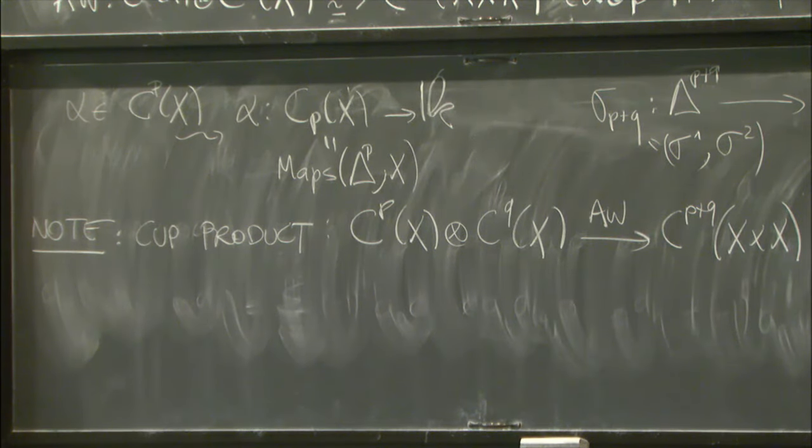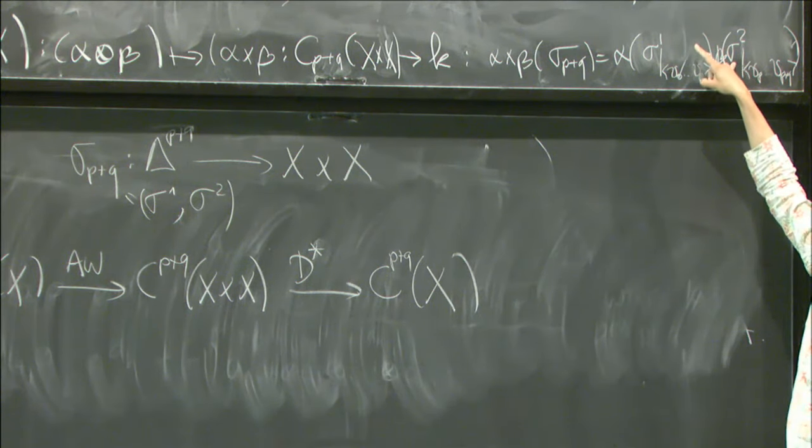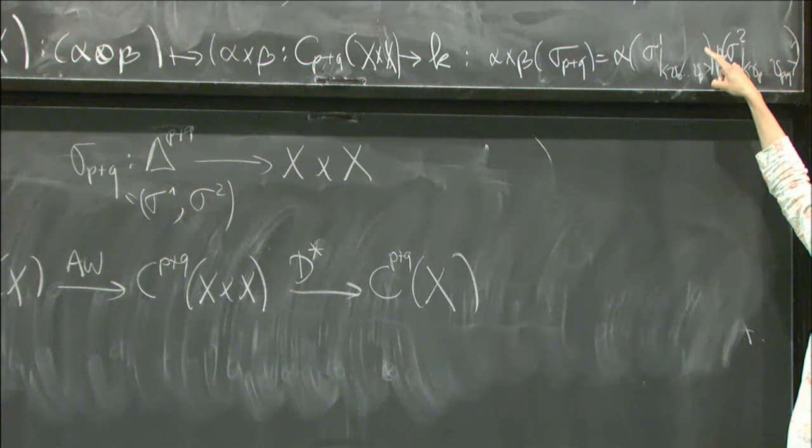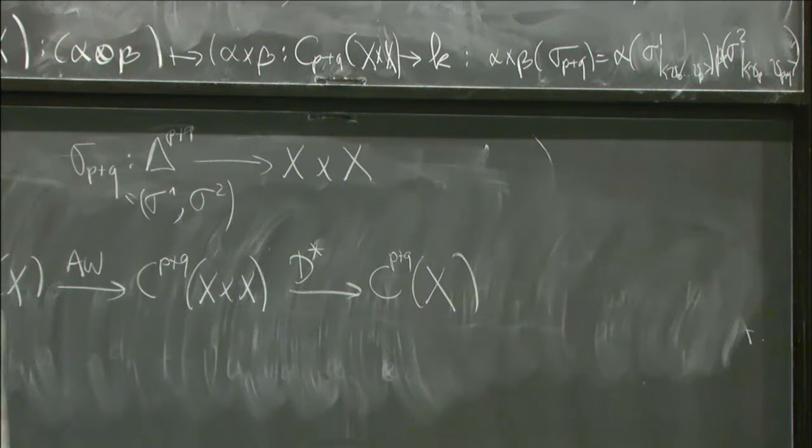So there's a map from X to X cross X, which is the diagonal. If I do the diagonal, what happens is these two maps, sigma 1 and sigma 2, are the same. And therefore, I am doing exactly the cup product. There is only one sigma in that situation. Okay? So equal to the cup product. This is a rewriting of it. Maybe this is really the definition of the cup product, when it was defined.